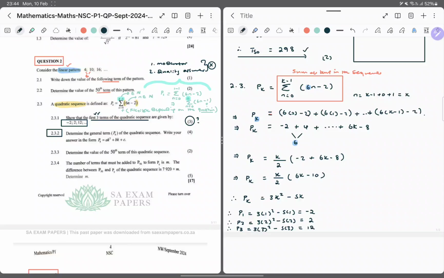Because without doing it this way, it does not make sense, guys. It doesn't matter what anyone thinks about it. It just doesn't make sense. So anyway, guys, this is it. And maybe if you like, you can now write that therefore the quadratic pattern is such that we have -2, 2, 12, and it's ongoing.